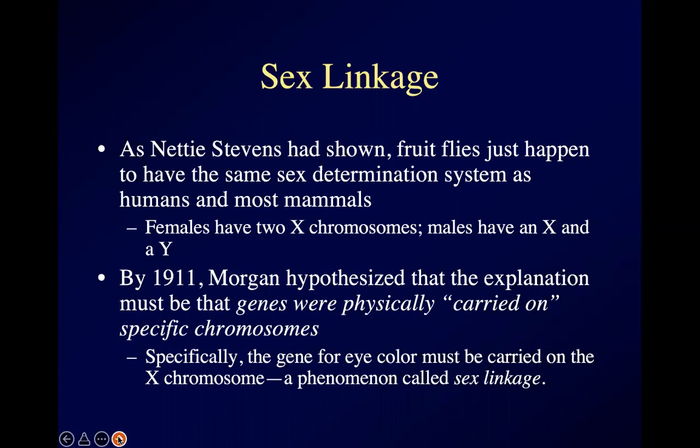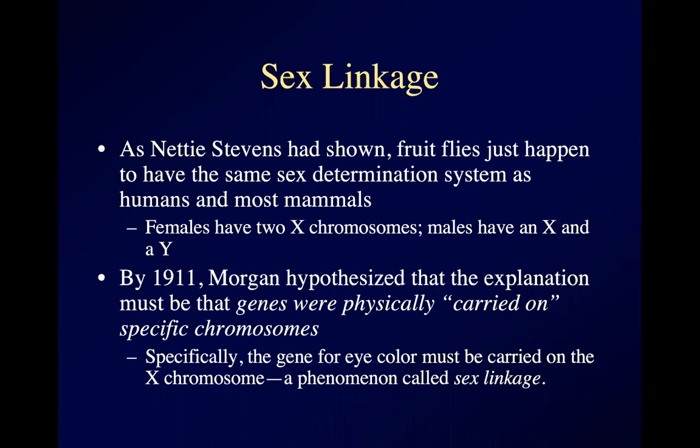The sex chromosomes do more than just determine your sex. There's a lot of physical traits that have genes located on the X chromosome, but they don't have anything to do with whether you develop a hoo-ha or a tallywhacker. Eye color's got nothing to do with your sex or anything like that.